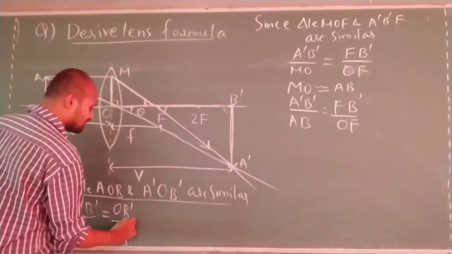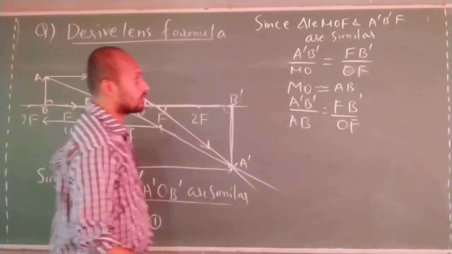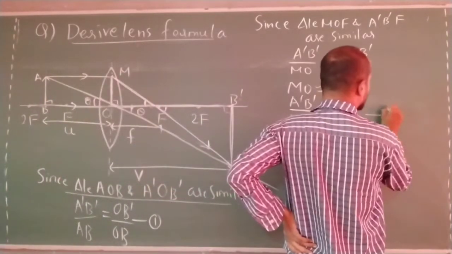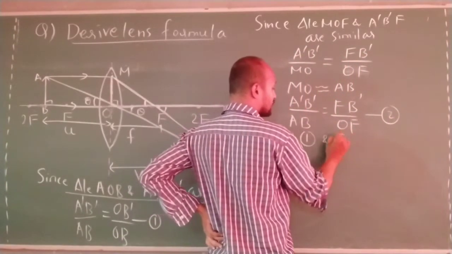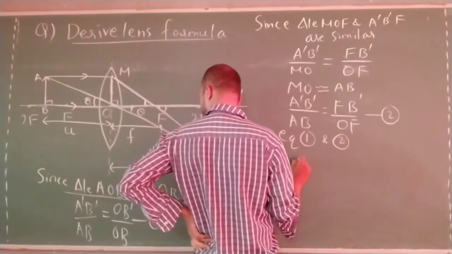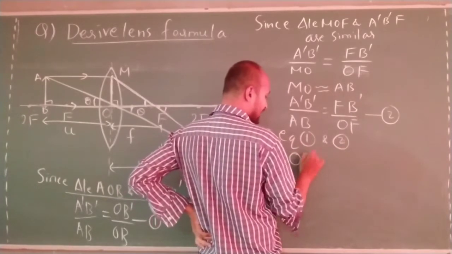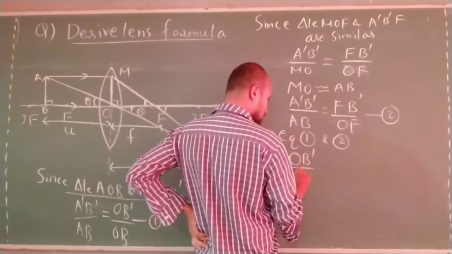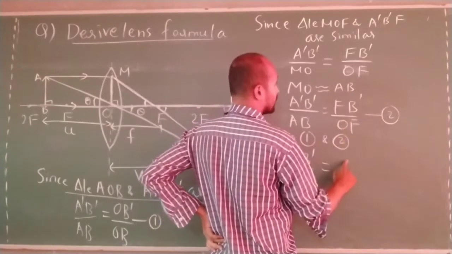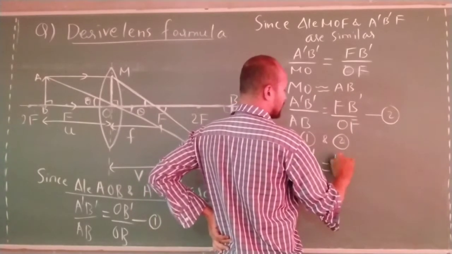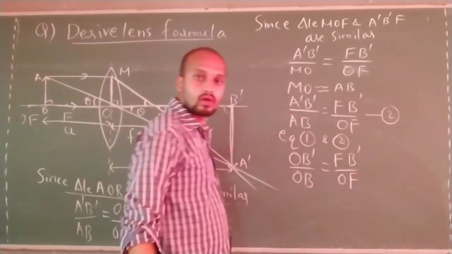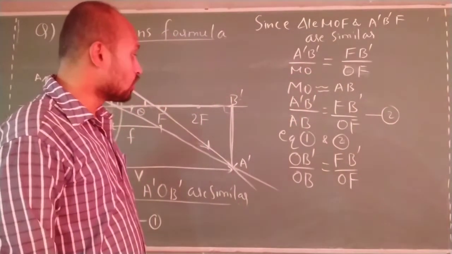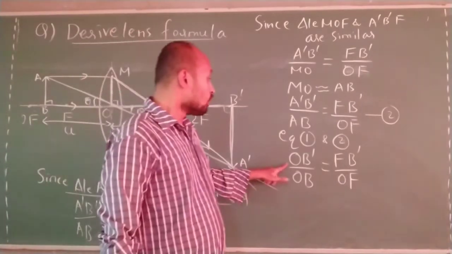If I take this as equation 1, and this as equation 2, from equation 1 and 2, I can write what? OB dash divided by OB will be equal to FP dash divided by OF. Okay? Now, what do you do?